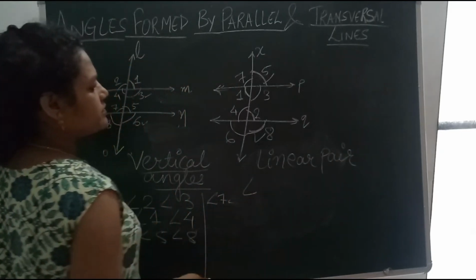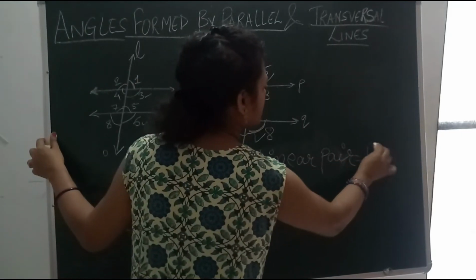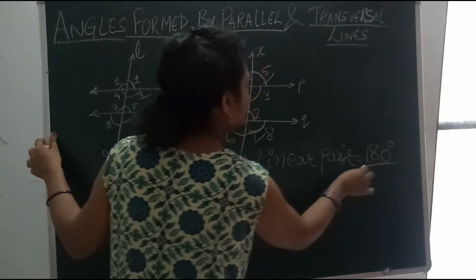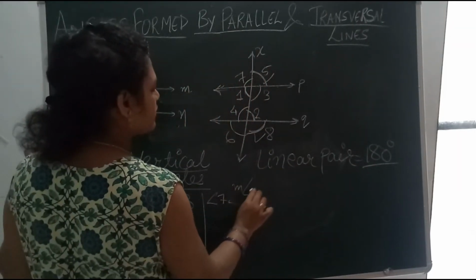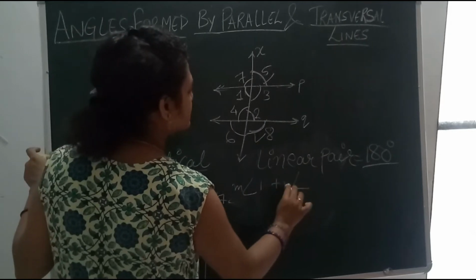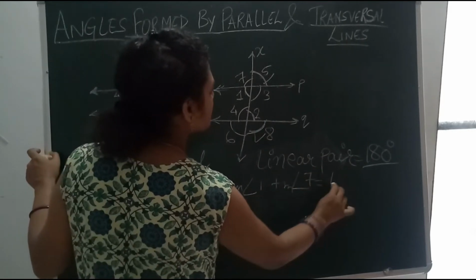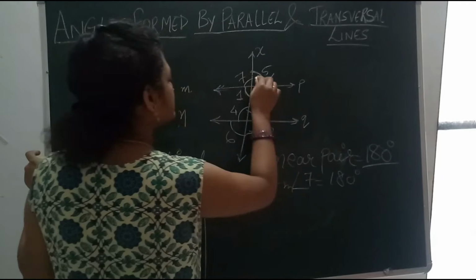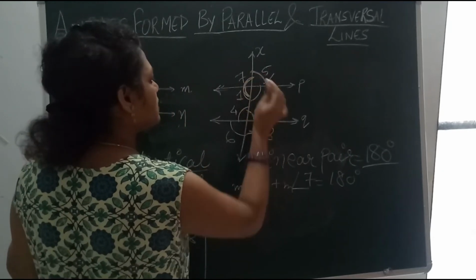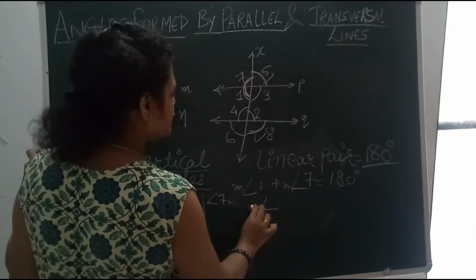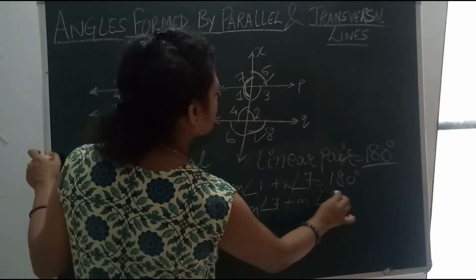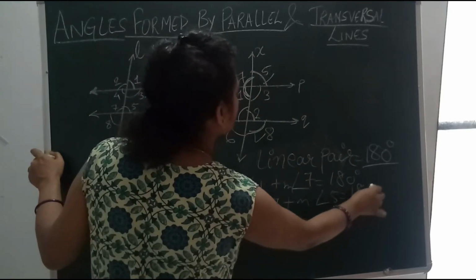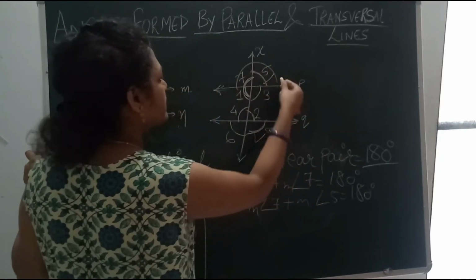Friends, linear means your straight angle, that is your 180 degrees. We can say the measure of angle 1 plus measure of angle 7 is 180, right? These two. Or we can say measure of angle 7 plus measure of angle 5 is again 180 degrees, these two, right?